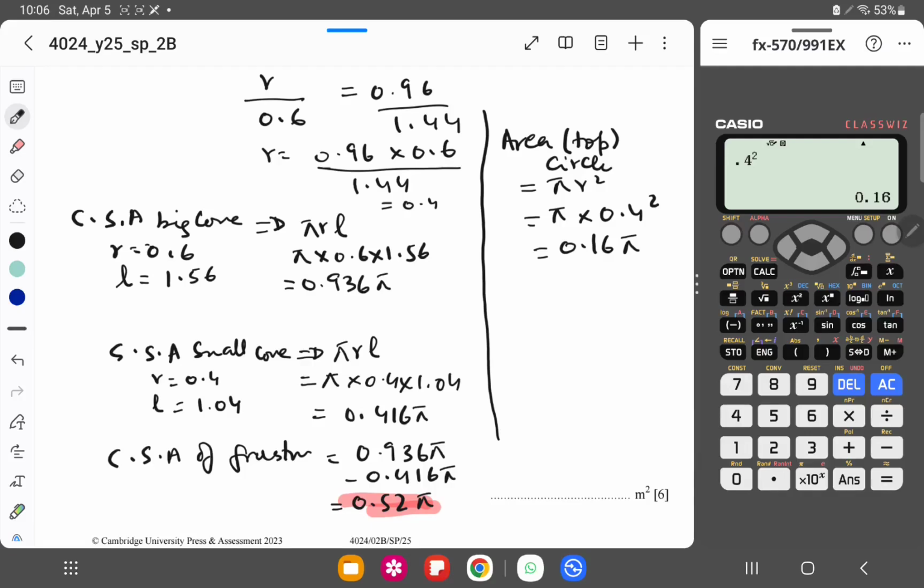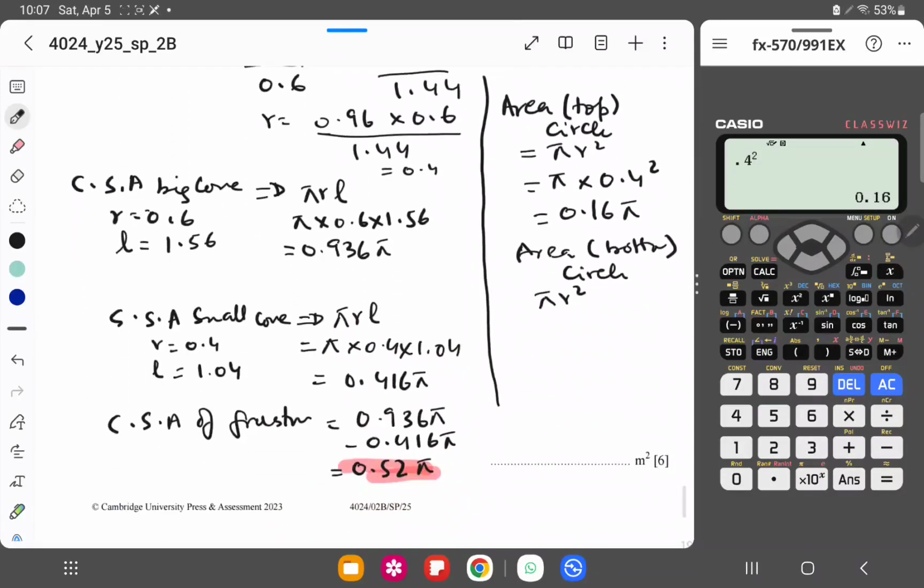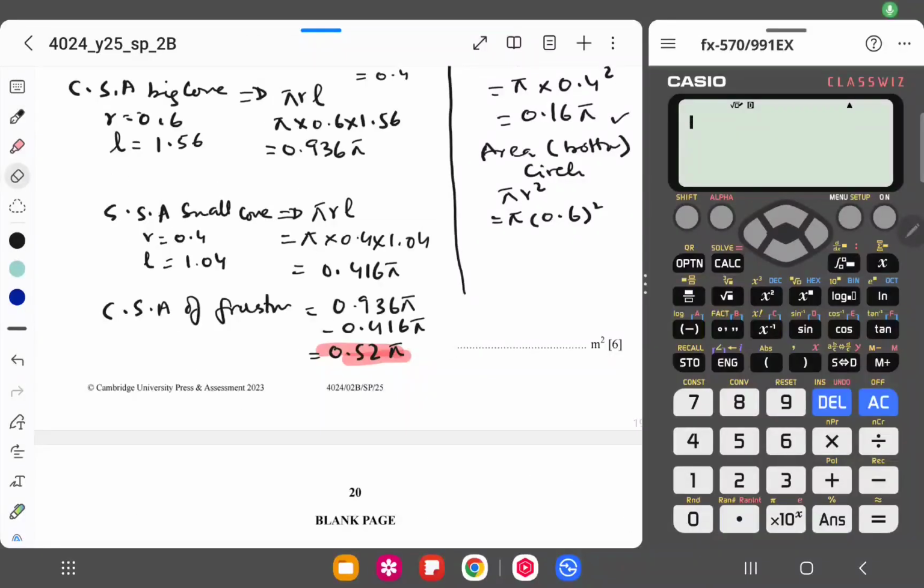And then the area of the bottom circle, the lower one, is pi r square, that is pi into 0.6 square. 0.6 square is equal to 0.36. So 0.36 pi.